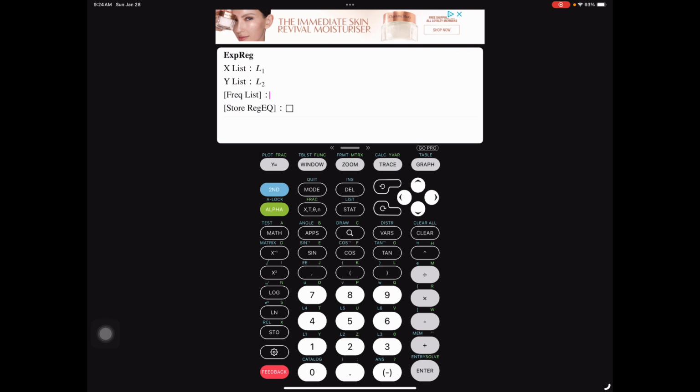Now, if for some reason the wrong list is there, look at your graphing calculator and look at the keypad of numbers. If I look at number 1, in the top left above that is L1. Number 2, in the top left above that is L2. 3, in the top left is L3. So if I ever had the wrong list or wanted to use different lists, you would just have to hit second in one of your number keys to get the list that you want.